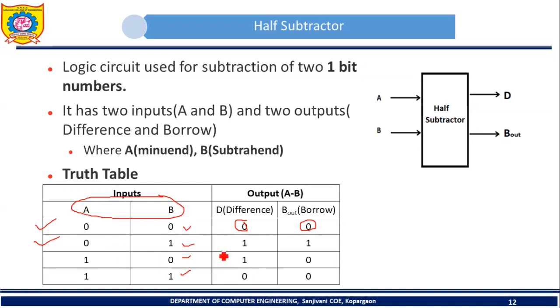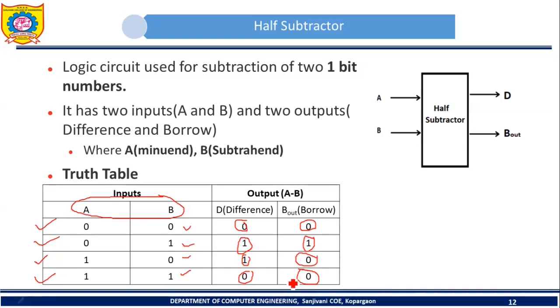So in this case, difference will be 1, and borrow will be generated, as we are subtracting larger number from smaller number. Then consider next input combination 1 minus 0. In this case difference will be 1 and no borrow. And for last input combination 1 minus 1, difference will be 0 and borrow will also be 0. So this is truth table for half subtractor.